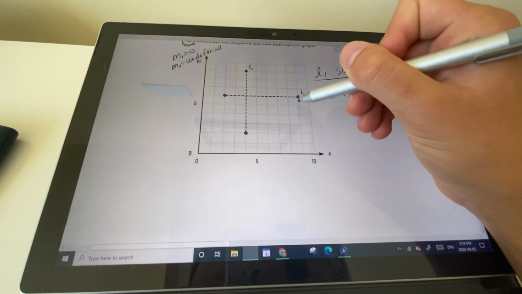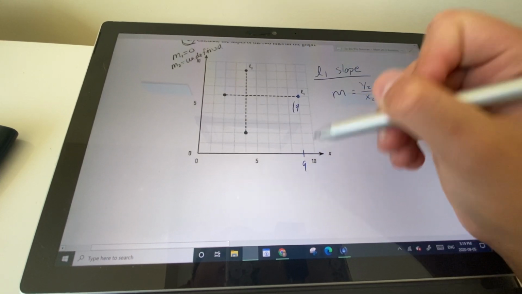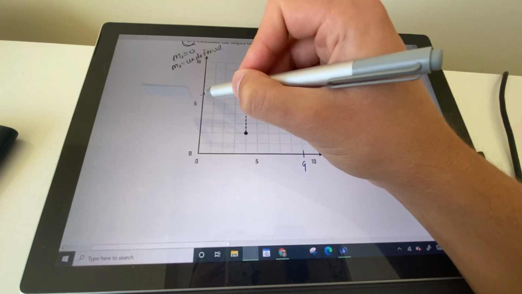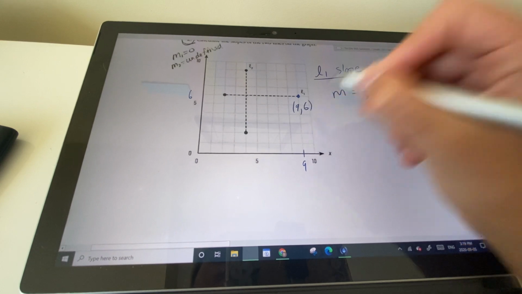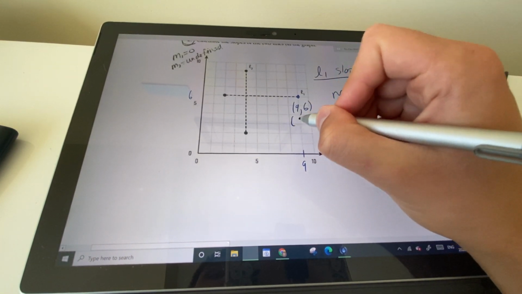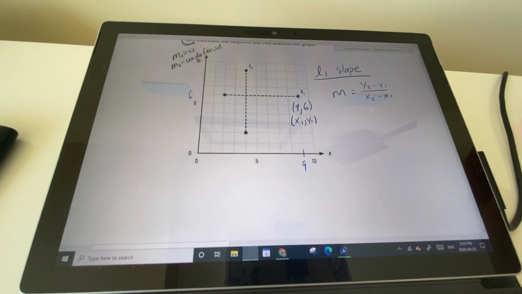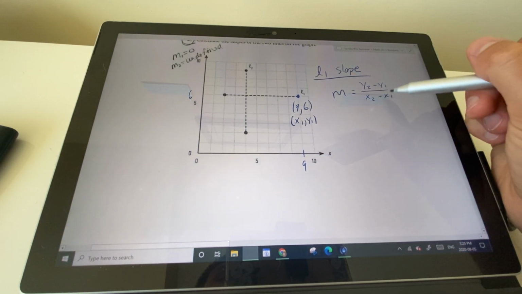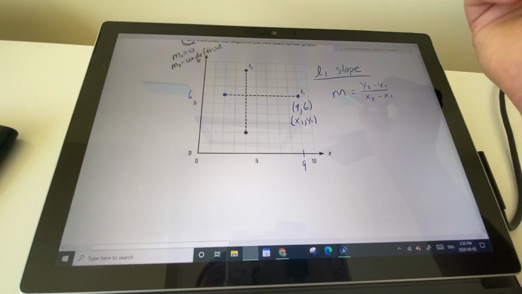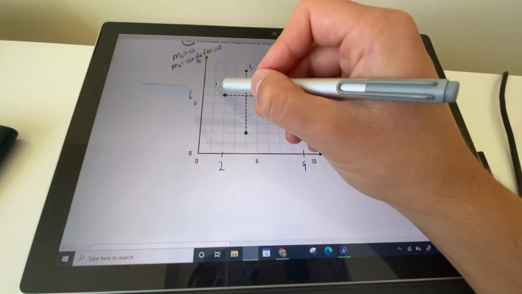This coordinate point is at 9. The x value is 9 and the y value is 6. So 9 and 6, I'm going to represent this as x1, y1. This one I'm going to represent as x2 and y2. And what is that? Well, this is 2 here, and this is 6.